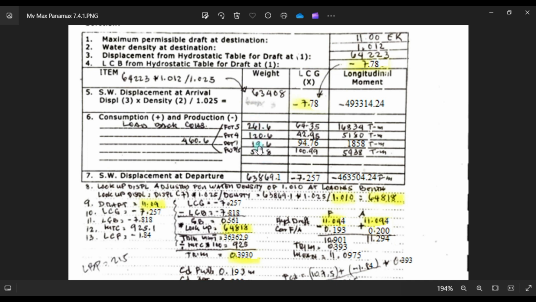You add this consumption to this displacement here, and that will be a total of 63869.1. And you add all these longitudinal moments, and this will be your total longitudinal moment. This figure of longitudinal moment divided by displacement, and you will have the LCG of negative 7.257. Okay.